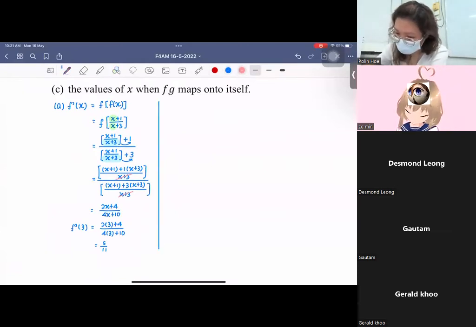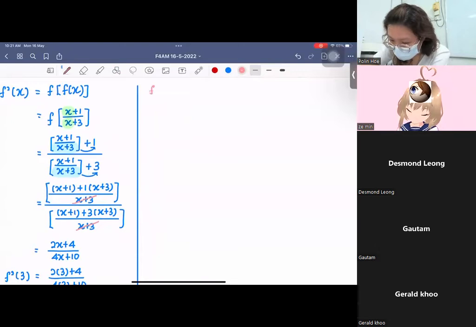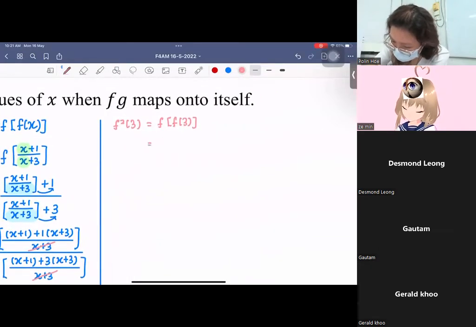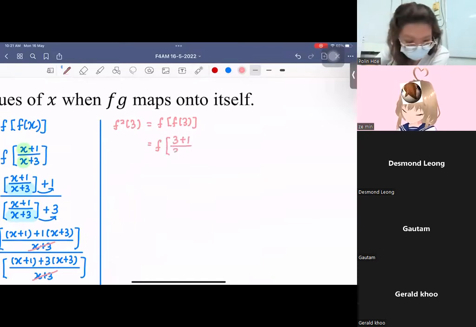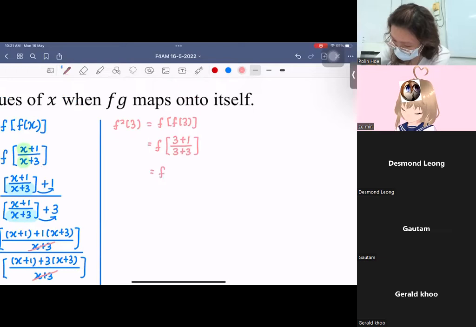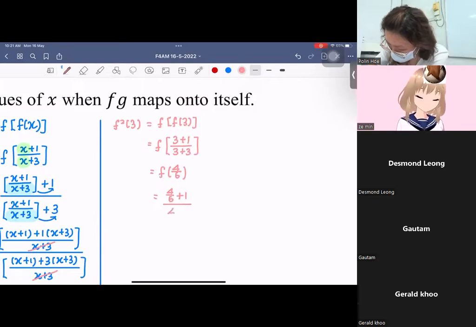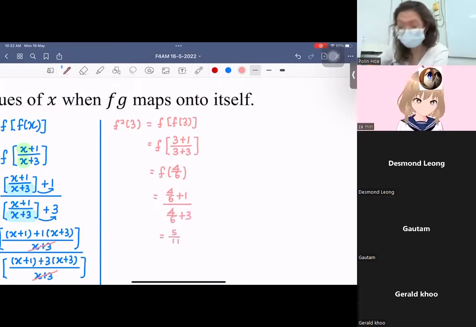You can also do it like this. f squared of x, f(f(3)), will be f(3 plus 1 over 3 plus 3). f(4 over 6) equals 4 over 6 plus 1 over 4 over 6 plus 3. You will still get 5 over 11.